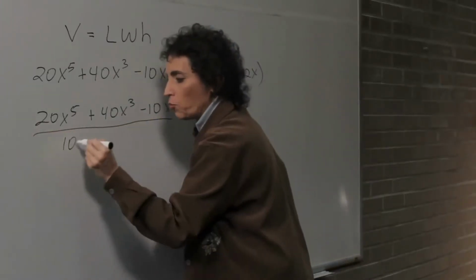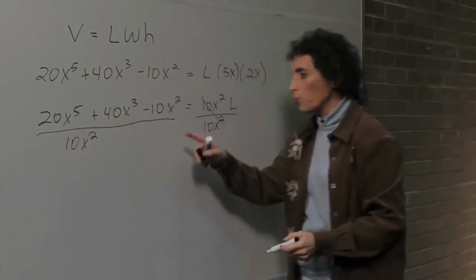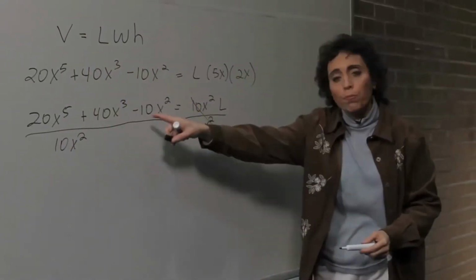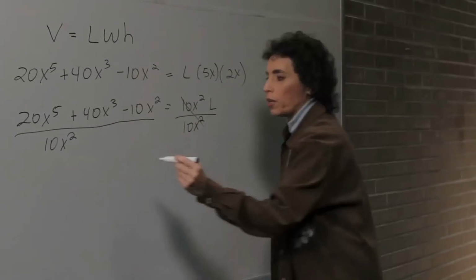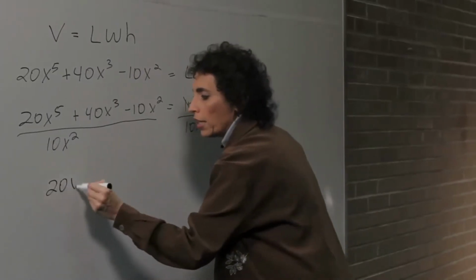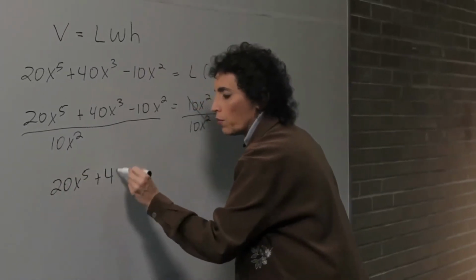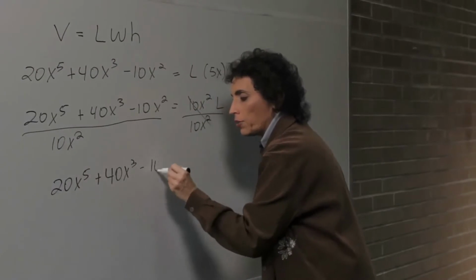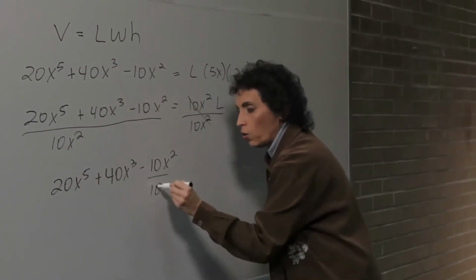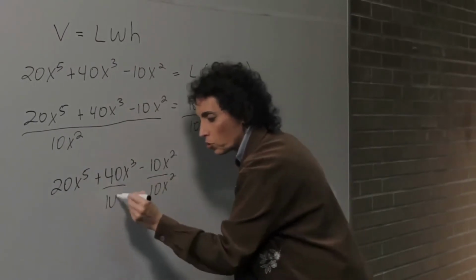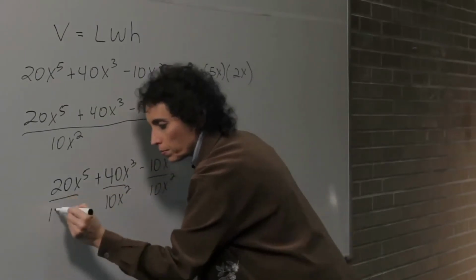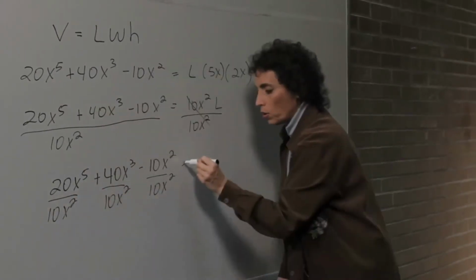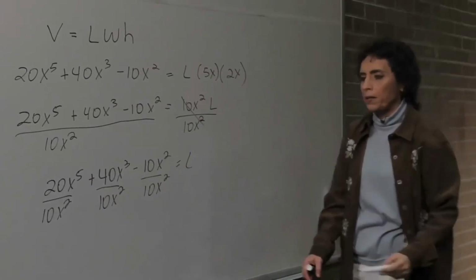I divide each piece by 10x squared because it's a polynomial divided by a monomial. So I have 20x to the fifth plus 40x cubed minus 10x squared, all divided by 10x squared. And that equals L. You ready?